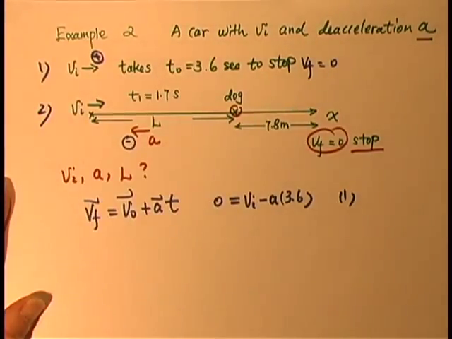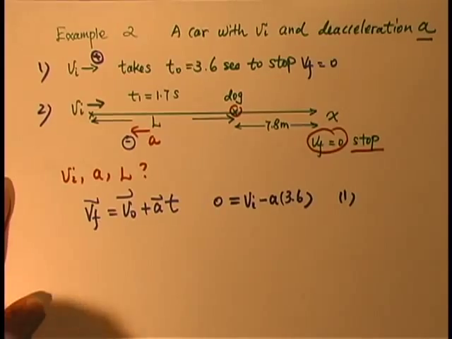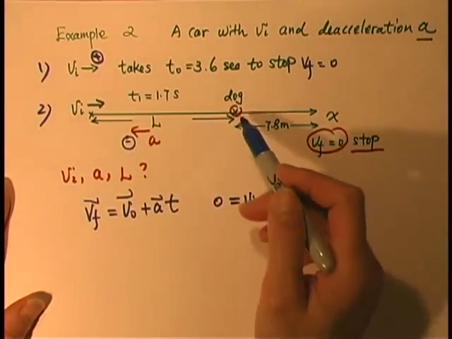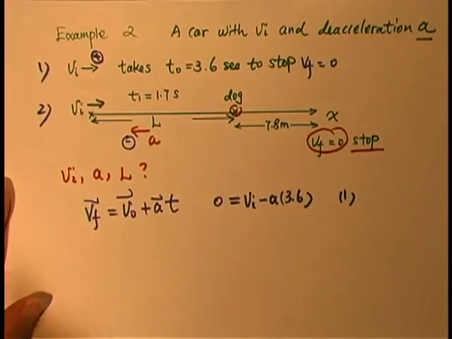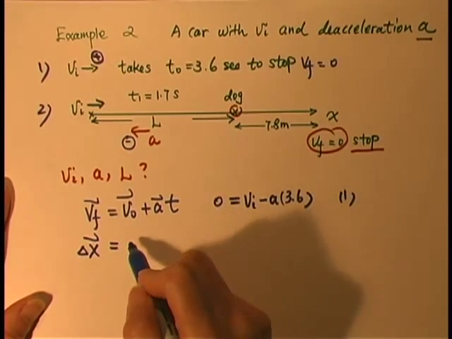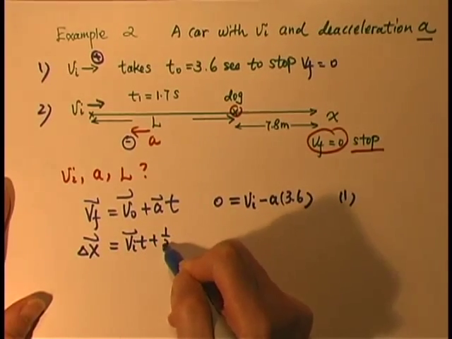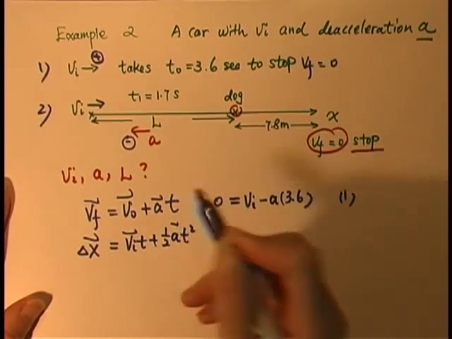Condition number 2 says that with the same initial velocity and same deceleration, after 1.7 seconds, it traveled L meters. So I think we should use delta x, change of position, equals V initial t plus 1/2 a t squared this time.